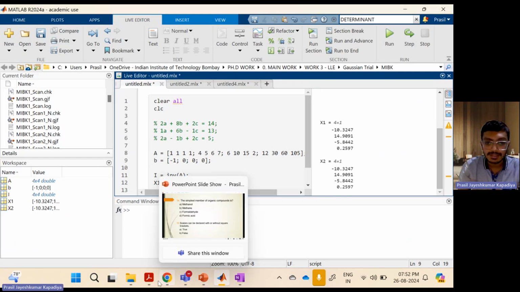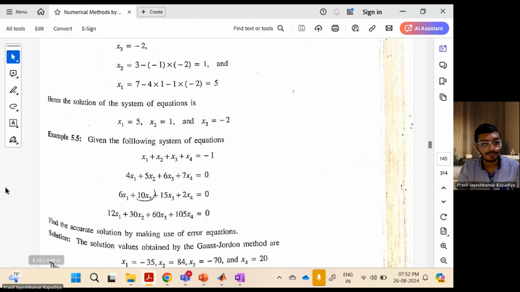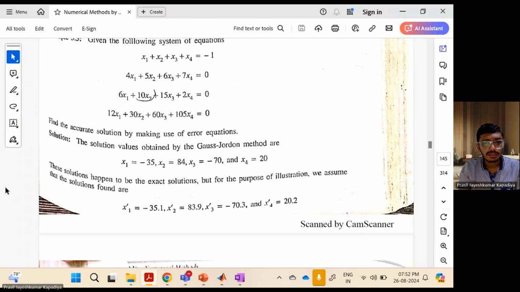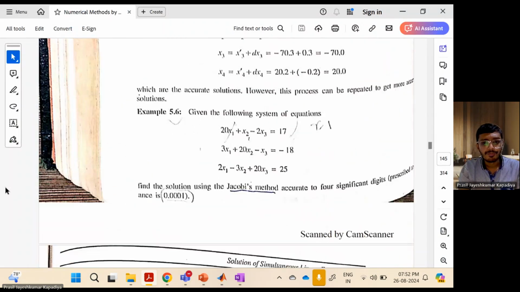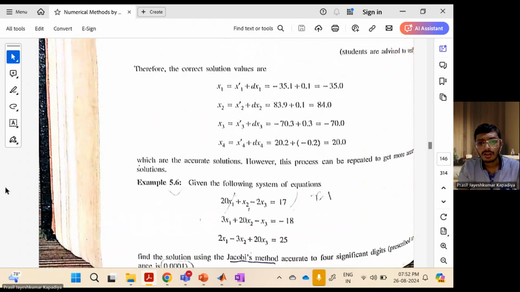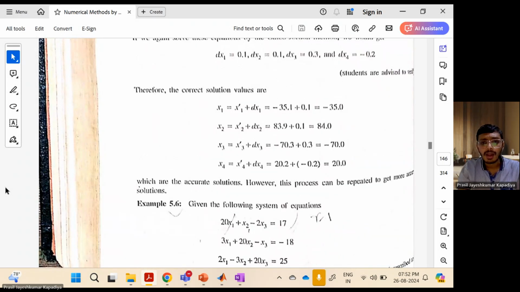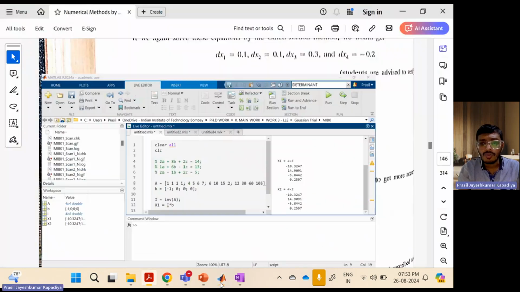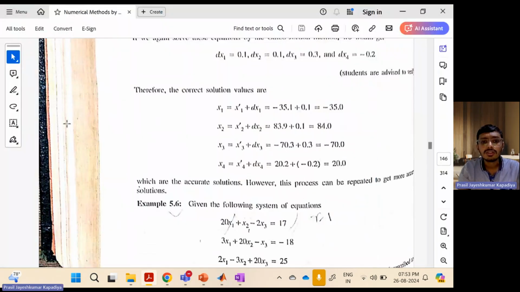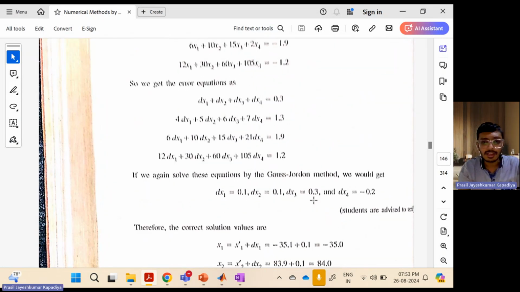Okay, so let's try to match it with the book. -35. These are not accurate answers. No, we are not getting these answers. Okay, we need to repeat this until we are getting accurate answers.